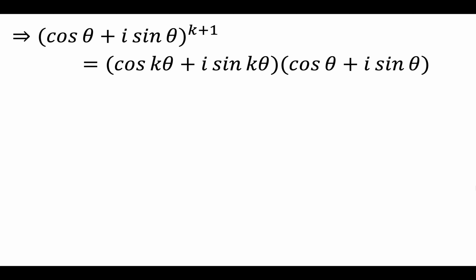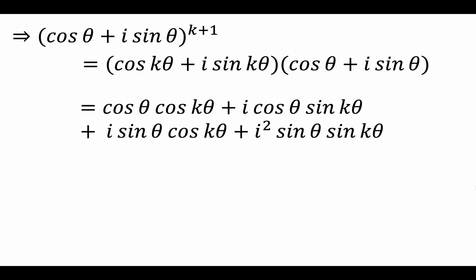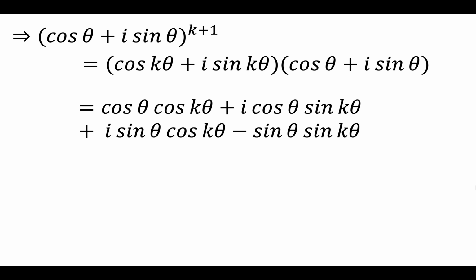Okay, so if we expand this out, what we get is cos of theta multiplied by cos of k theta plus i cos theta sine k theta plus i sine theta cos k theta plus i squared sine theta sine k theta.